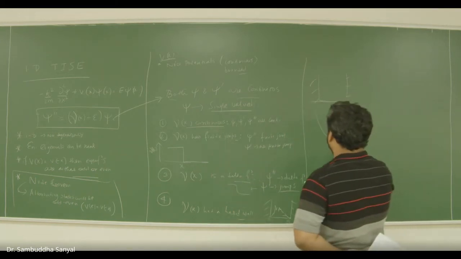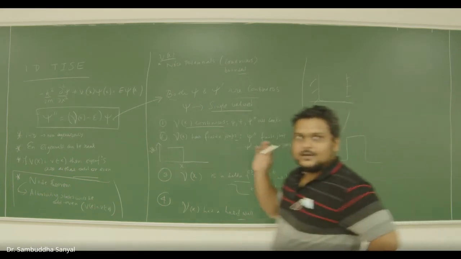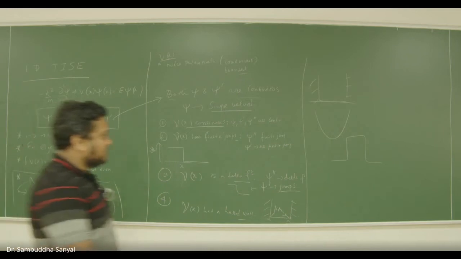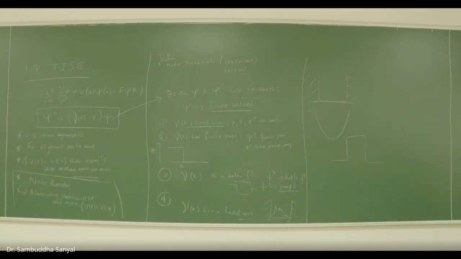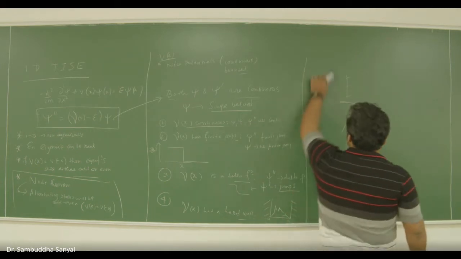The problem of tunneling, all these things are already given to you. Now I am telling you that given all the possible behaviors of nu, either continuous, or finite jump, or delta function, or a hard wall, what can you tell about the solution without solving the problem? That is the goal of this part.